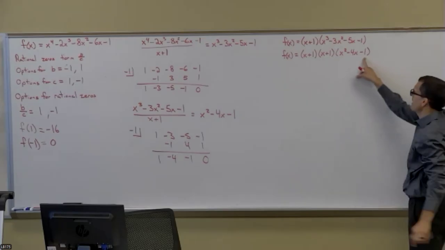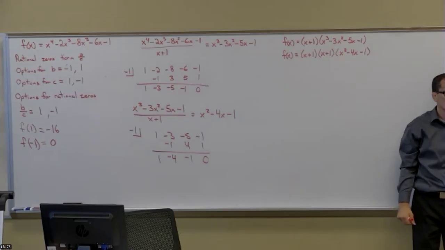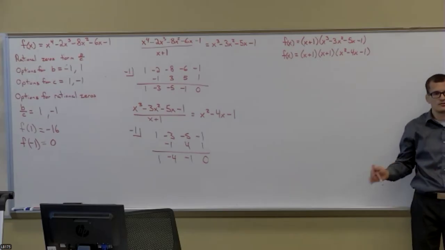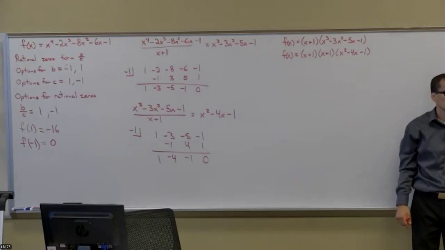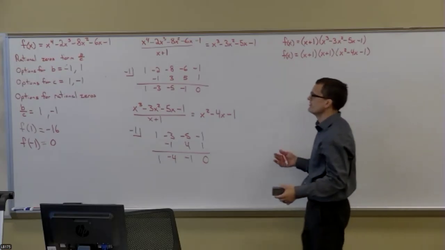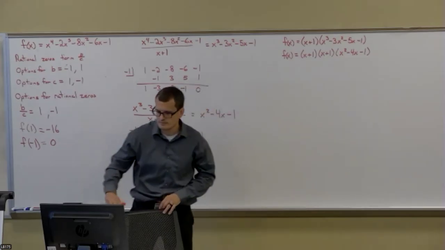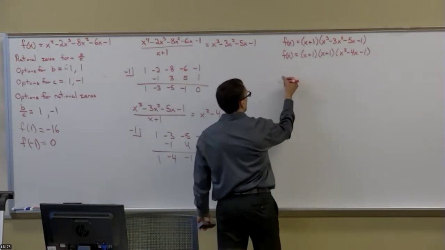That quadratic is not separable over the integers. So we're going to be left to use quadratic formula on that quadratic. So I look for rational zeros, do a couple of division problems. And now I have this.